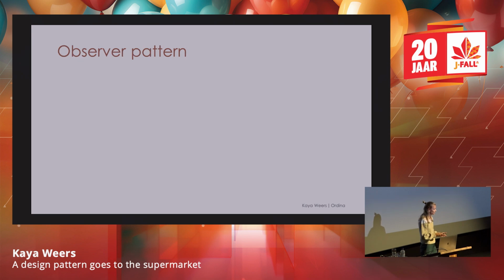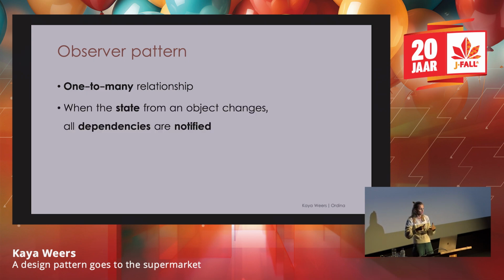And the observer pattern is always about the one-to-many relationship. So in this case, we have the supermarket or the product, and we have all the customers who are observers and want to know about that product. Because they want to know about the state. If the state changes, they want to know it, and they will be automatically updated.